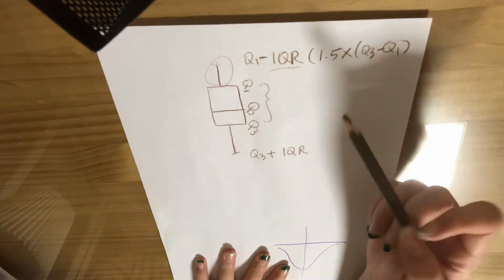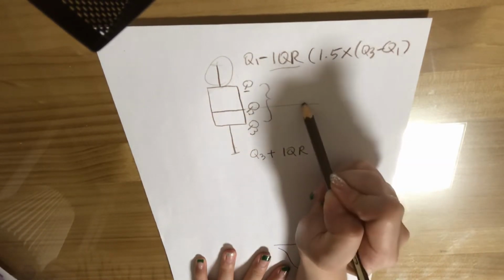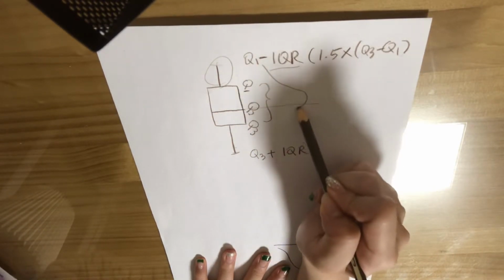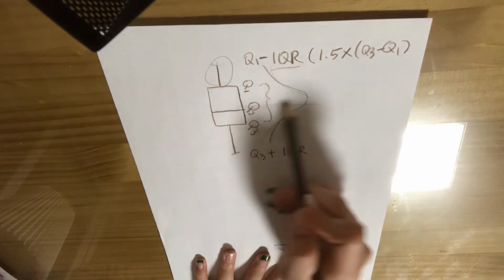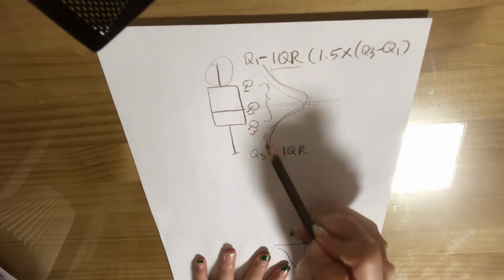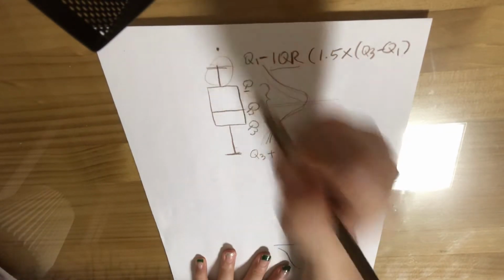So by looking at this, we can draw. Oh, the graph looks like this. Here the median and like this. So anything that is out of here is called outliers.